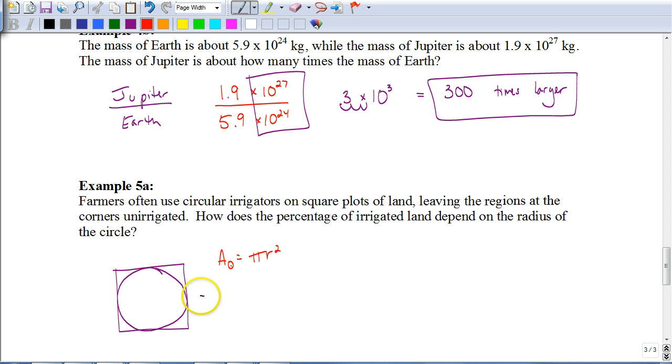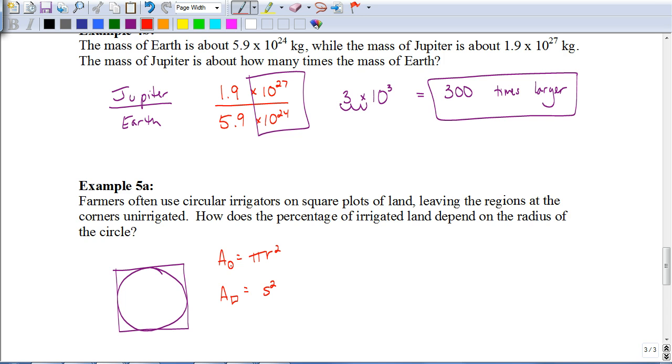And we also have a square here. The area of a square is just whatever the side is, squared. So if this is S and this is S, the area of a square is S squared.